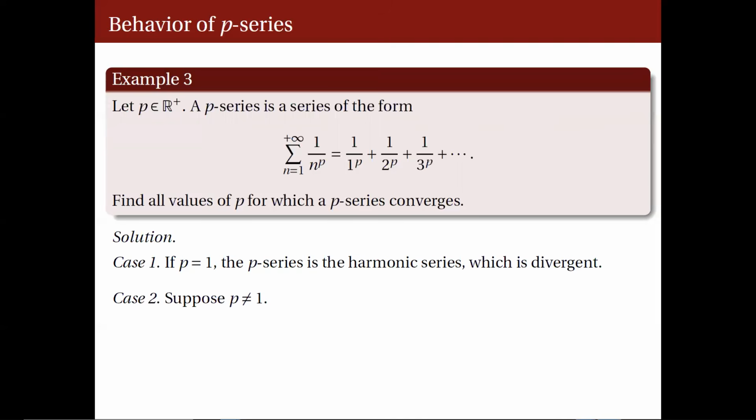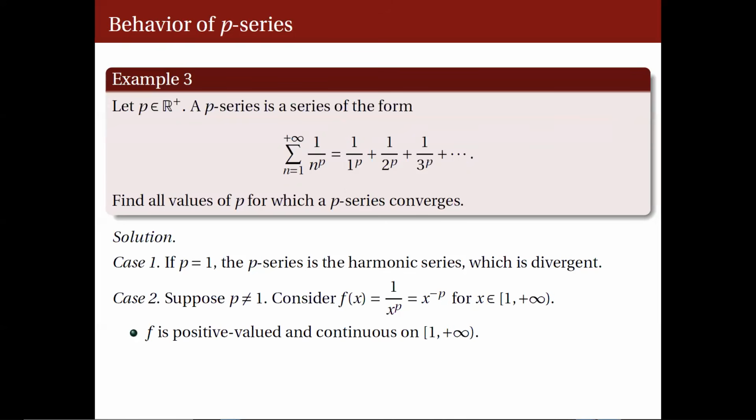For case 2, we suppose that P is not equal to 1. Again, isulat natin ang function f of x equal to 1 over x to the p or x raised to negative p for x in the interval 1 to infinity. Madali lang ulit ipakita na f is positive at continuous sa interval 1 to infinity.